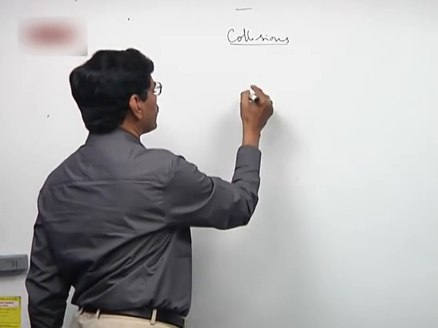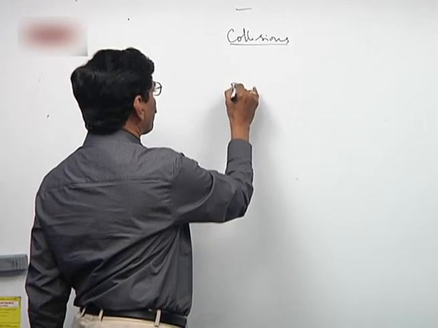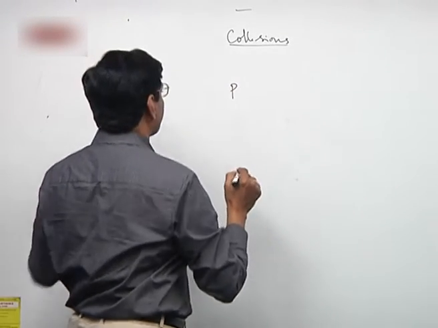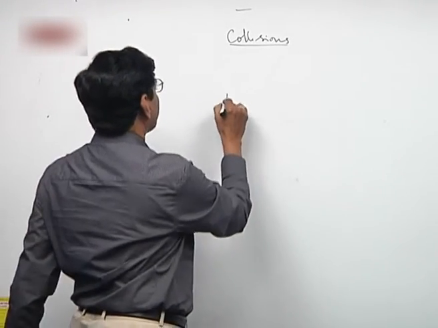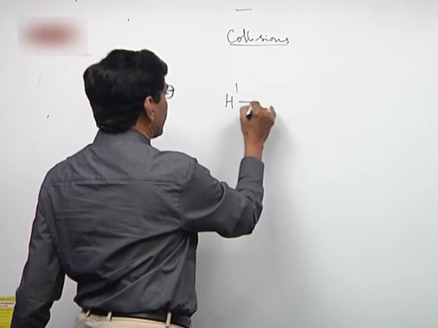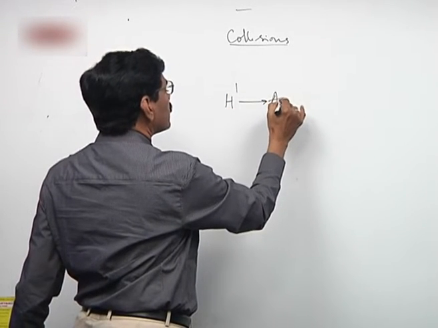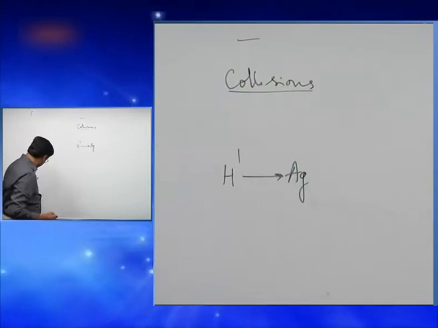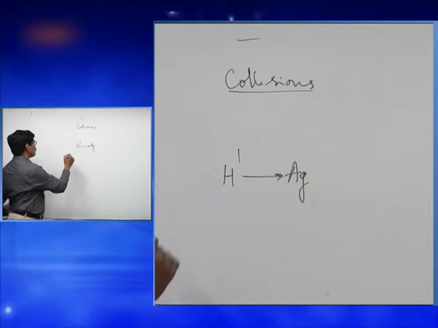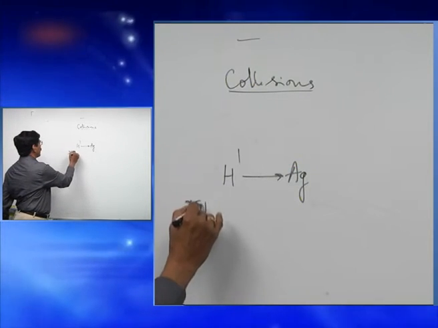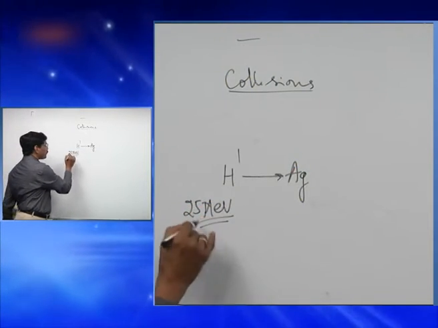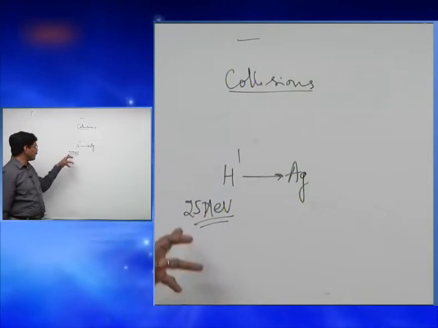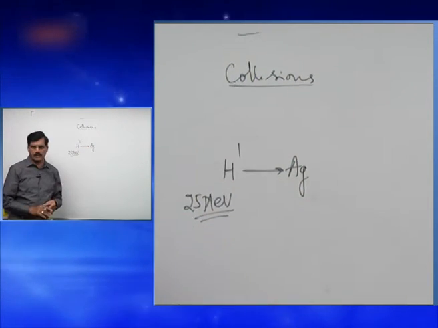For example, take a proton, denoted by the hydrogen nucleus, directed towards a silver nucleus. A high energy proton, almost 25 million electron volt, is aimed at the silver nucleus.